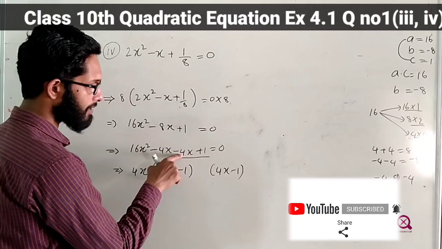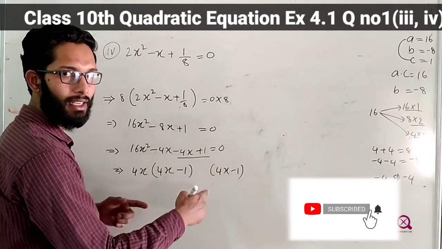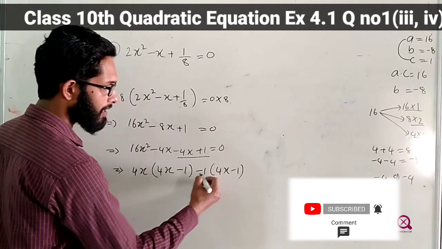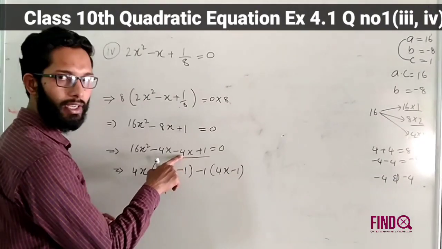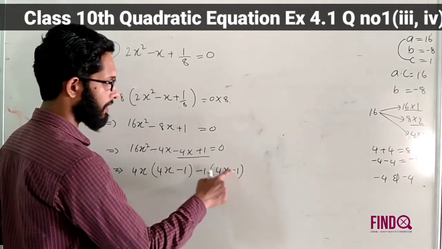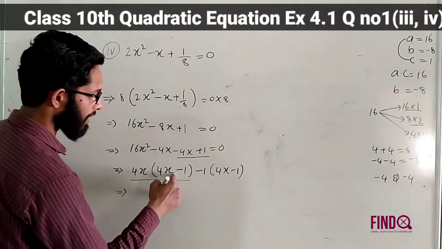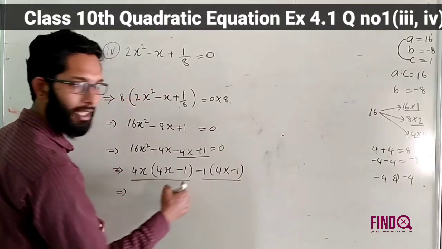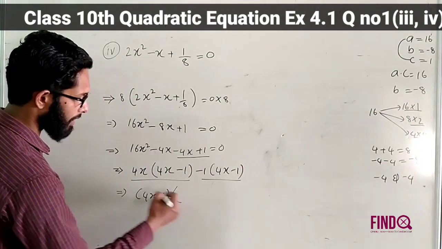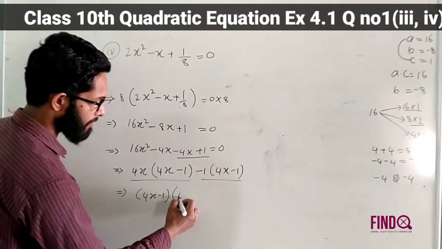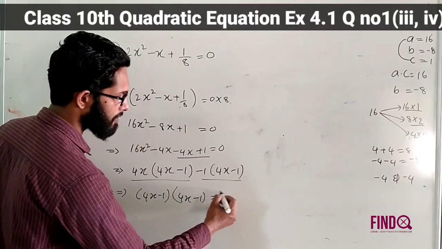Change the sign, so we can take minus 1 as common. Minus 1 into 4x is minus 4x, minus 1 into minus 1 is plus 1. So from here we can take 4x minus 1, and from here also 4x minus 1 is common. So 4x minus 1, and the remaining is 4x from the first and minus 1 from the second, which is equal to 0.